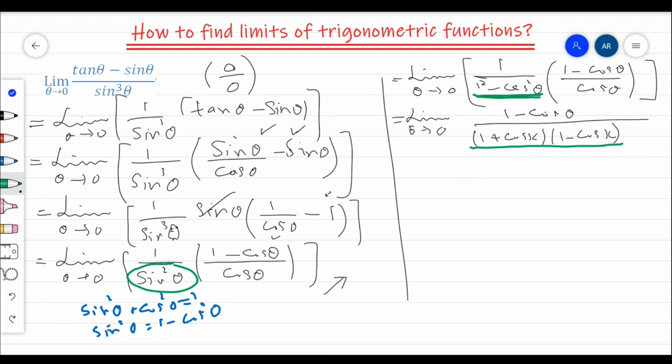Cos of theta in the denominator as it is, 1 minus cos of theta in the numerator and also in the denominator will get cancelled, and we are left with the expression limit theta approaches 0, 1 by 1 plus cos of theta times cos of theta.